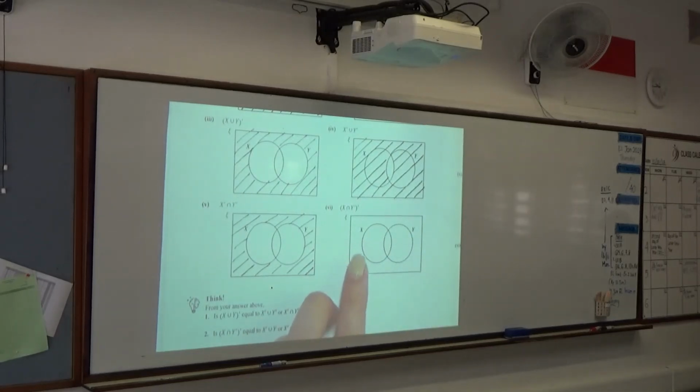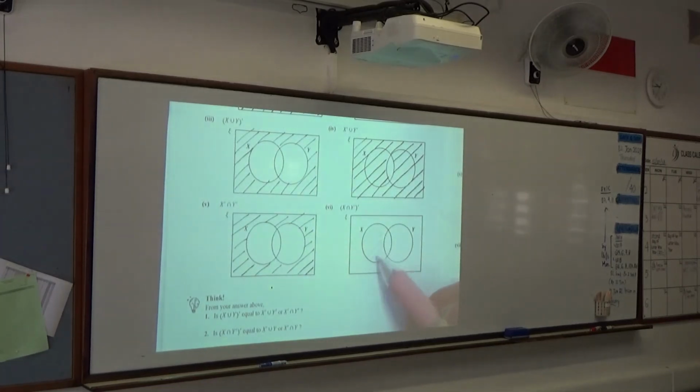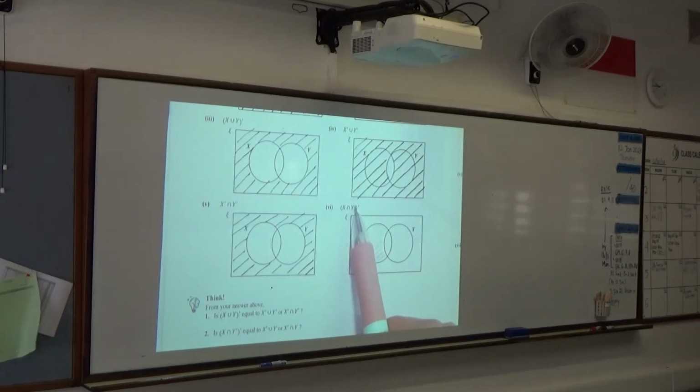So let me just use a pencil to roughly shade first. We are looking at this portion for x intersect y complement. But because we complement it again, that means we want things that are not this shading.